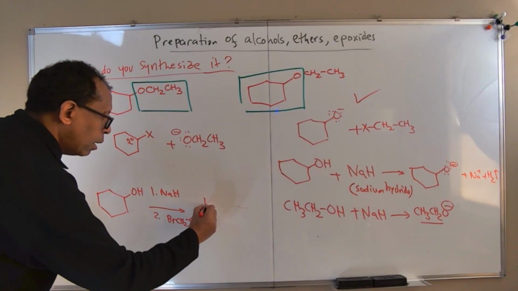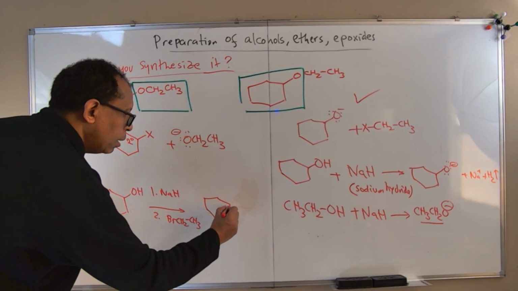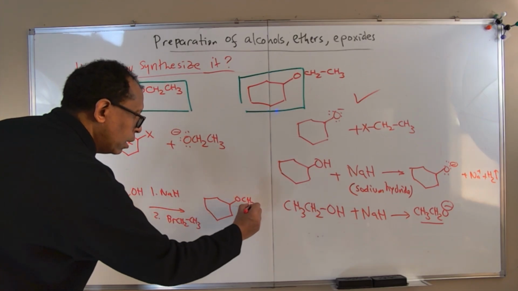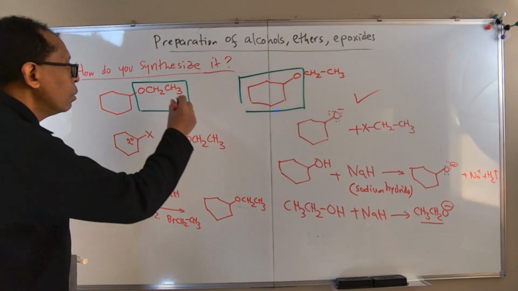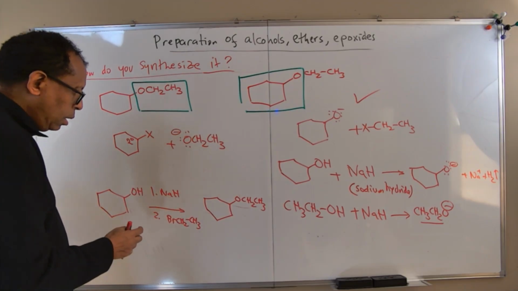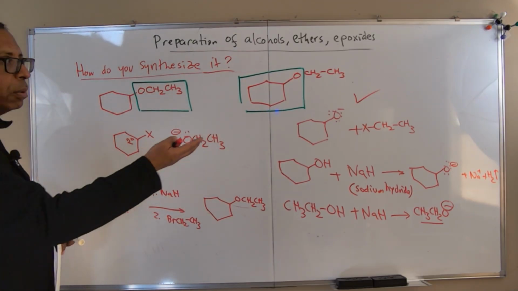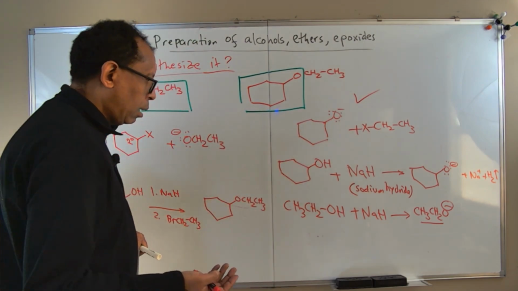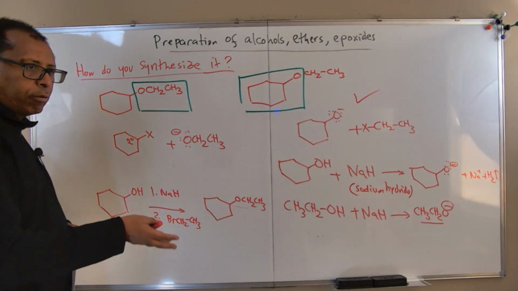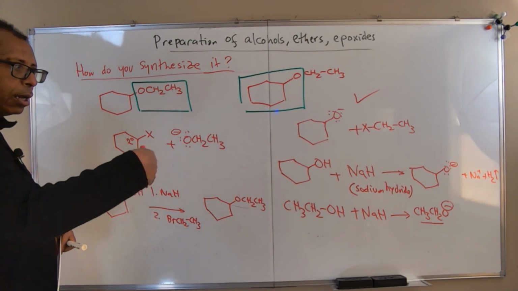What is the product now? The product is exactly what you need at the end of the day. We synthesized this. So step 1, removal of the proton, because you have to always form alkoxides. Alkoxides are always generated from the respective alcohol.